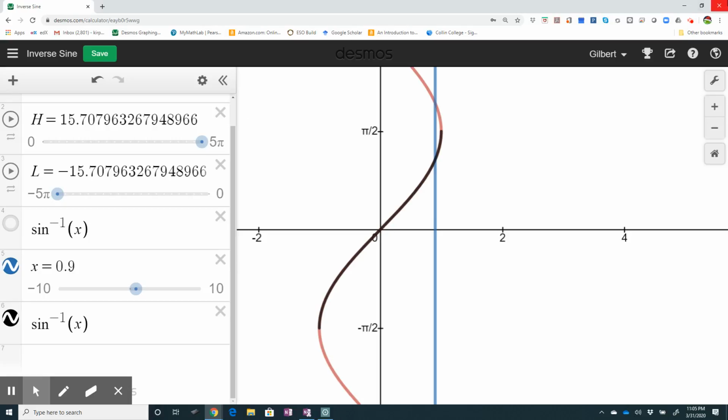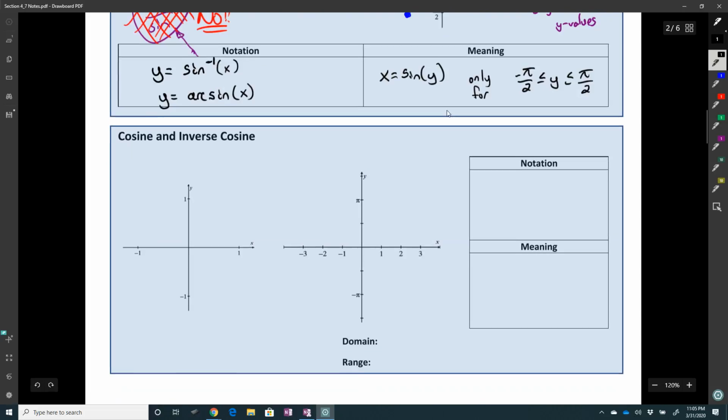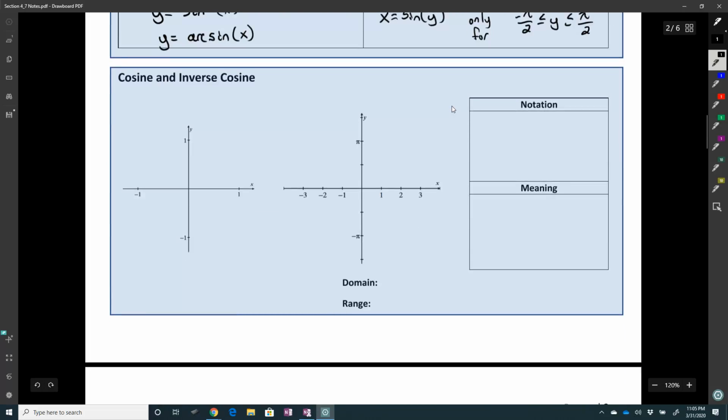All right. Anyway, just for closure, let me reel this in. Oh, too much. All right. Anyway, let's do cosine. I'm not going to go as in depth with cosine.